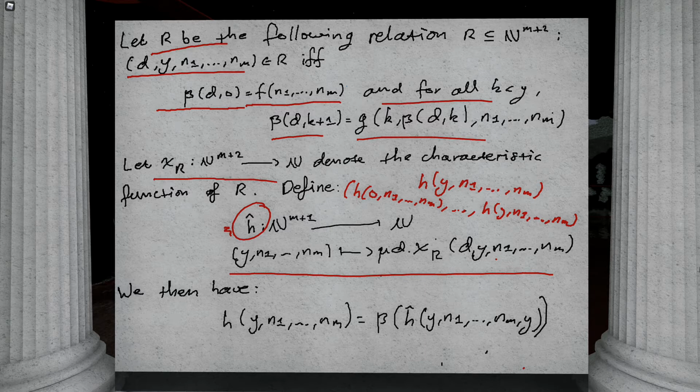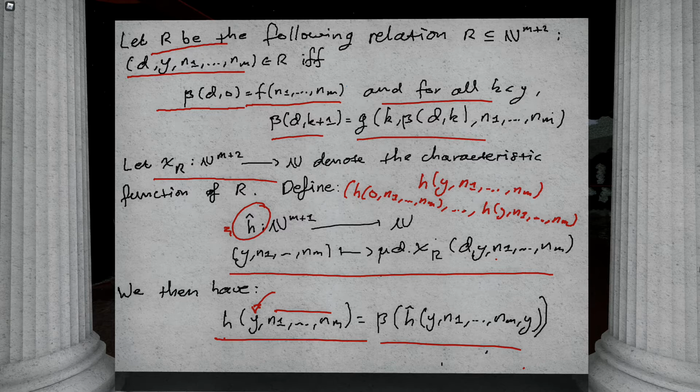Then it's just a simple observation that in order to evaluate h at this index y with the input n1 up to nm, all I do is construct this sequence and then read the yth element of that sequence. And that's exactly what this does. I've got my bracket in the wrong place.